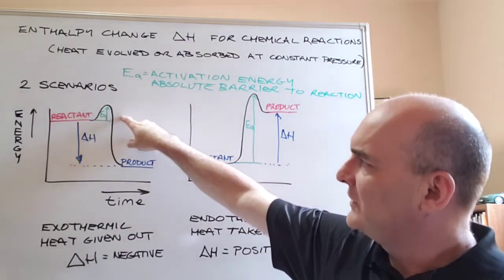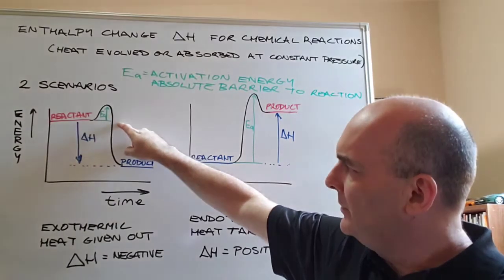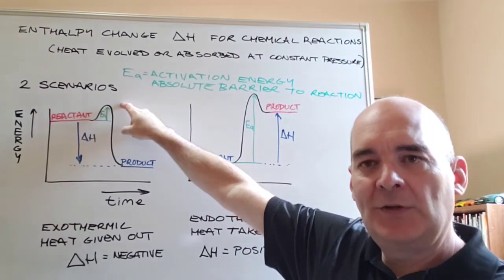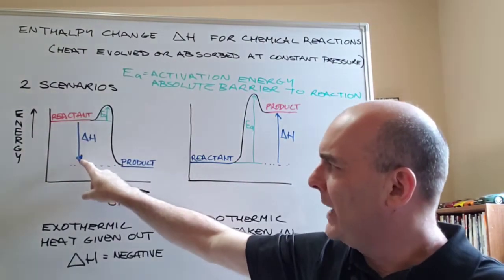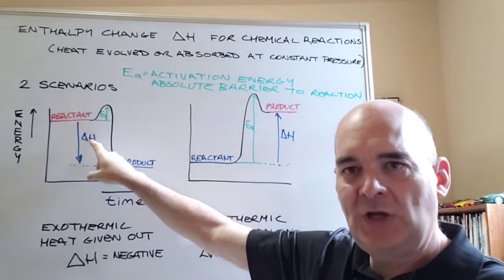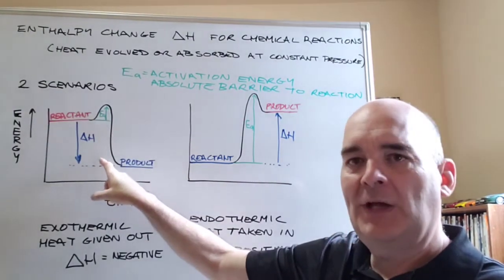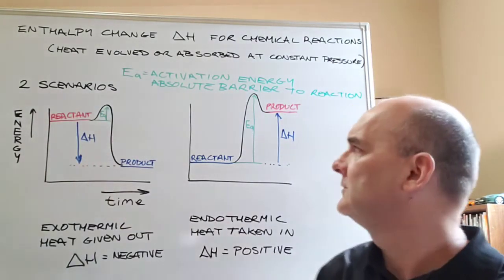The first shows us the magnitude of the activation energy. It is the gap between the energy of the reactant and the maximum energy in the profile. And then I have this blue arrow, which is the enthalpy change. It is the gap in energy between reactant and product. And this gap is pointing downwards.